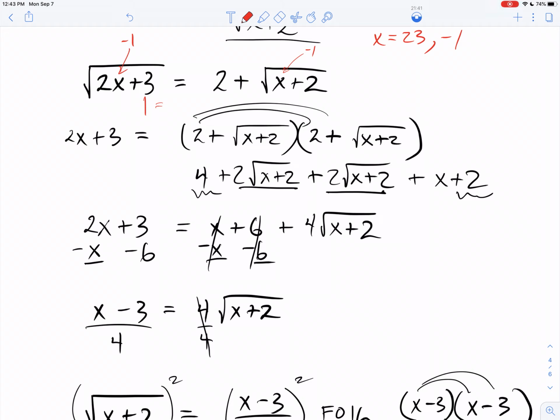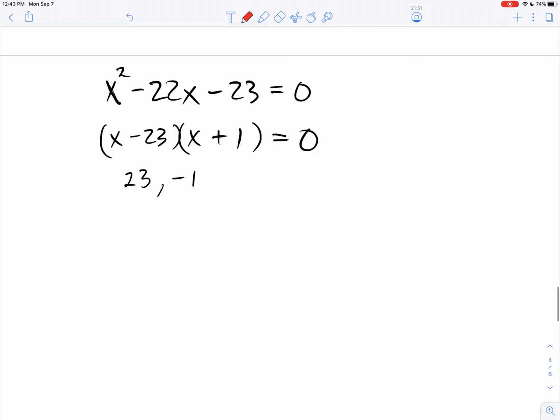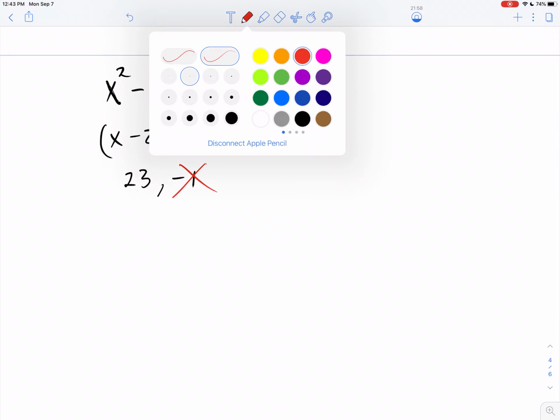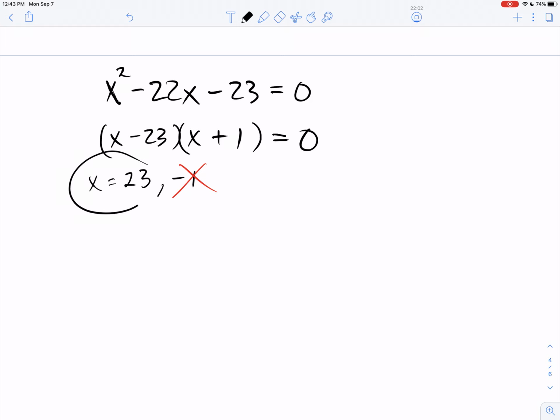The square root of 1 is 1. 2 plus 1 is 3. That is not true. You are a bad guy. The nice guy, the good guy, the good guy is 23. This guy's bad, okay? Like that Billie Eilish song. That's a bad guy, right? Bad guy. That's my answer.